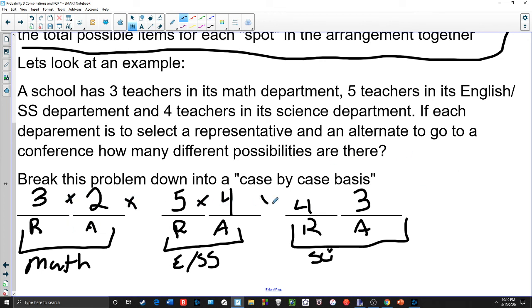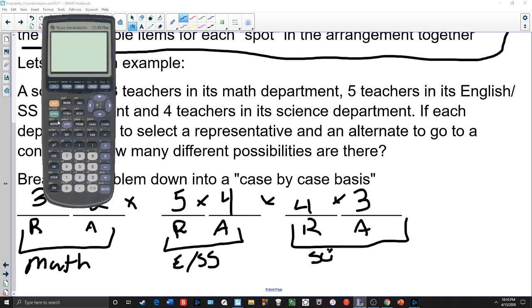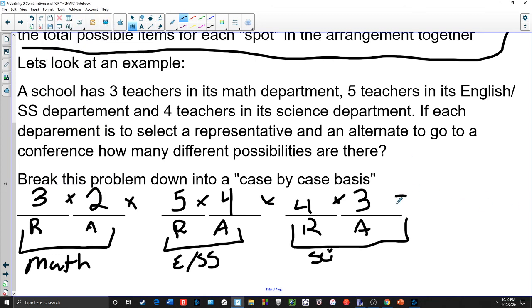So 3 times 2 times 5 times 4 times 4 times 3, and you get a grand total of 1440. And that would be how many different arrangements you can make there.